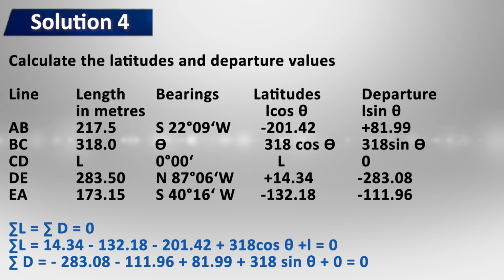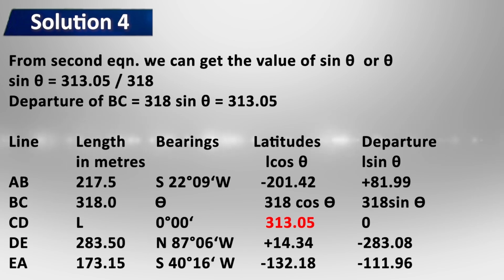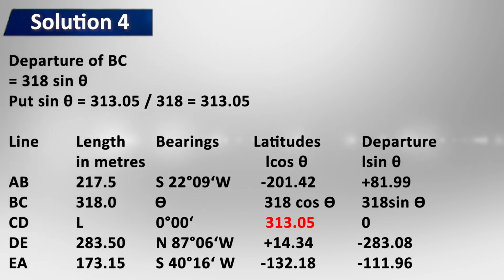Solving the second equation, we get the value of sin theta. We can write sin theta is equal to 313.05 divided by 318. Theta would have two possible values, 79 degree 55 minutes or 100 degree 5 minutes. We will carry on with theta equal to 100 degree 5 minutes.